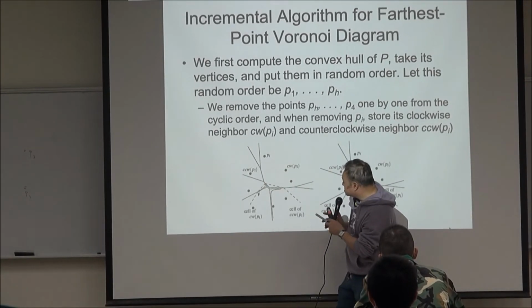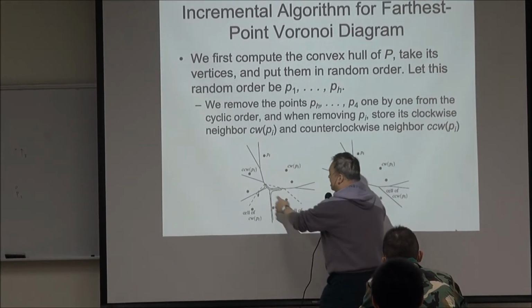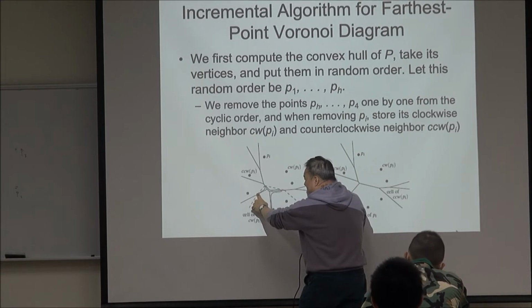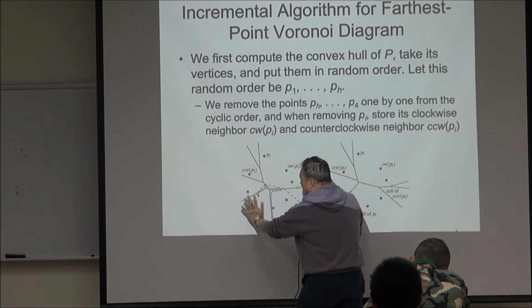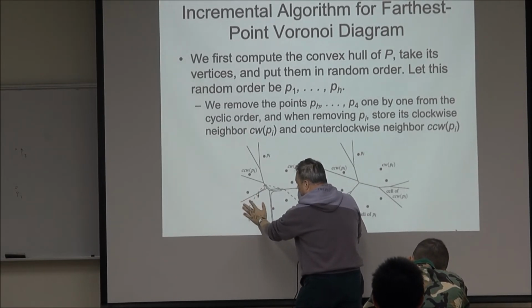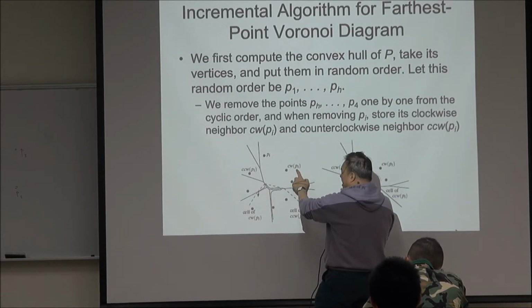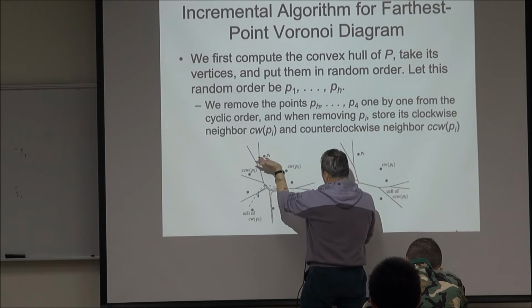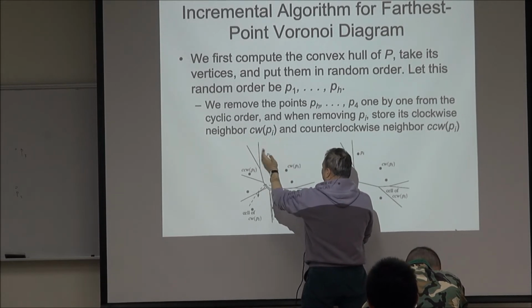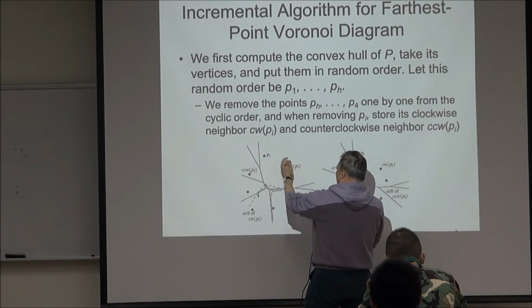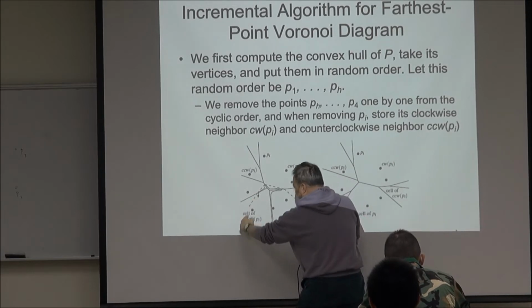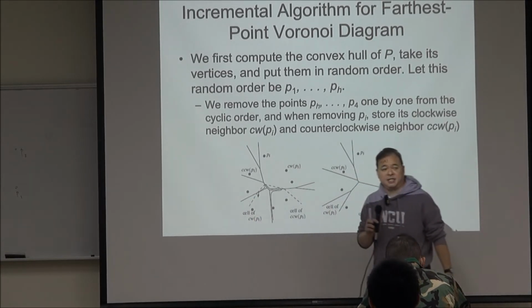And then it will hit another edge here. And finally, you can see this side, eventually you will find that it belongs to the clockwise of PI. And then, obviously, you draw the bisector of PI and the clockwise of PI. And that's it. That's the end.